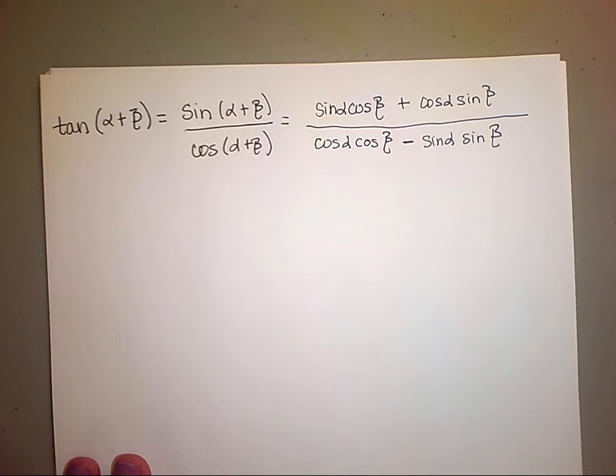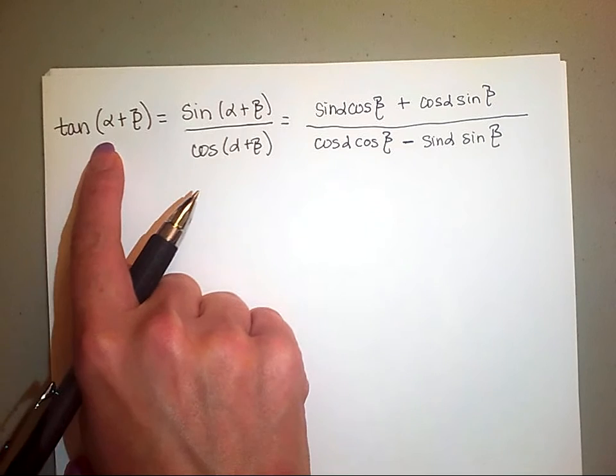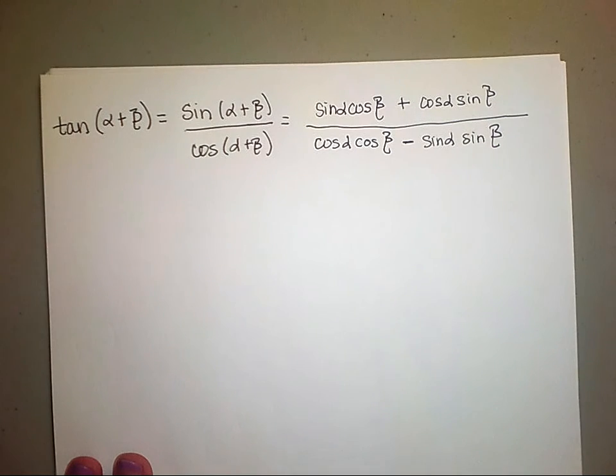Well, now what? I would really like to think that we could rewrite the tangent formula, not in terms of sines and cosines, but in something much more simplistic, using tangents as well.